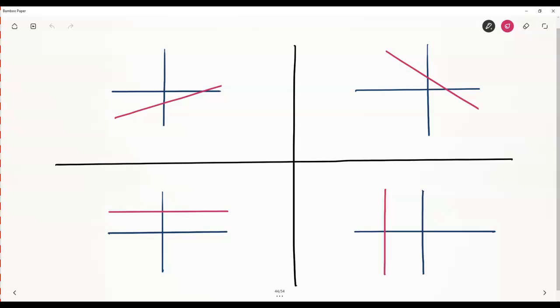Now, for horizontal lines, going from left to right, the line neither goes up or down. Remember, slope is a measure of a line's steepness. If it's not going up or down, we say that its slope is 0. We do not say that it does not have one. The only one that you can make that argument for is the vertical line, and it doesn't have a value, it is undefined.